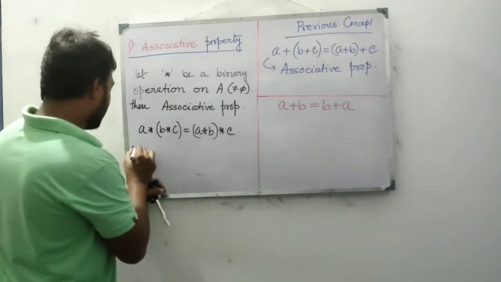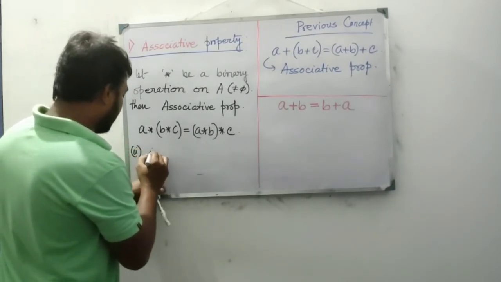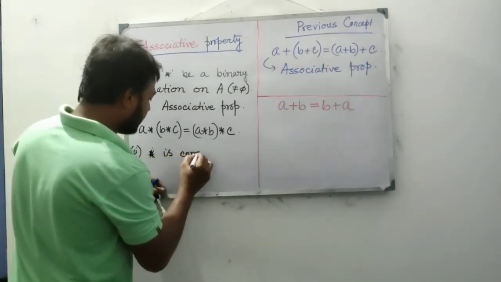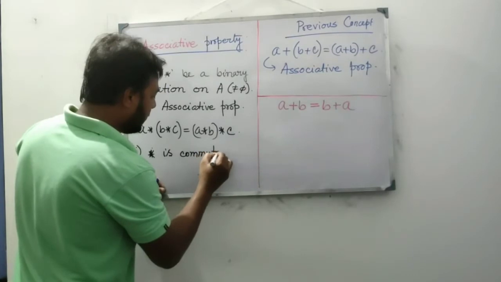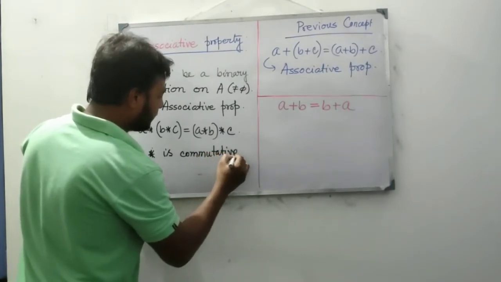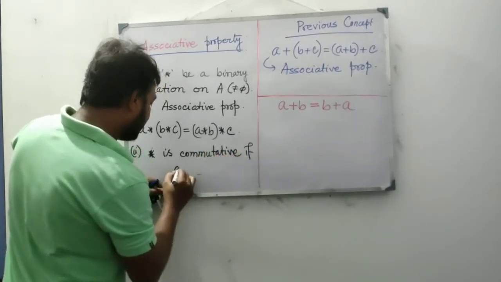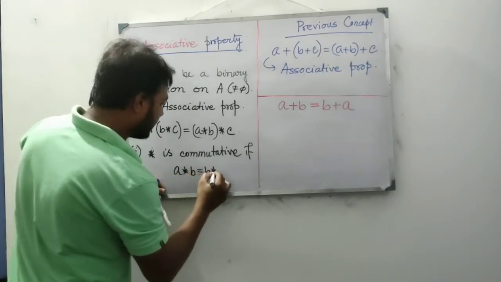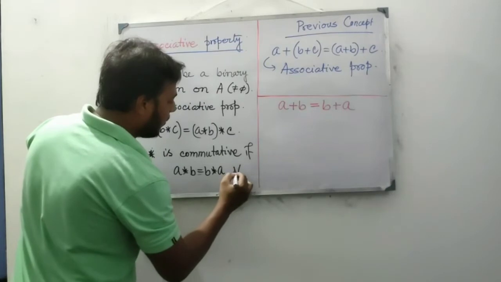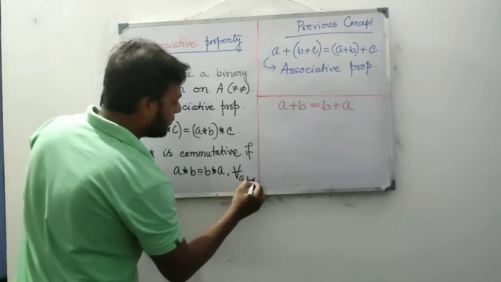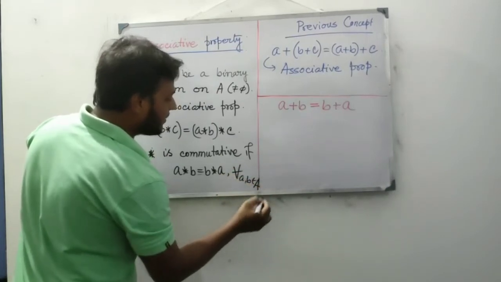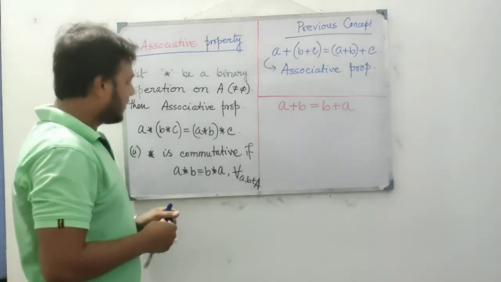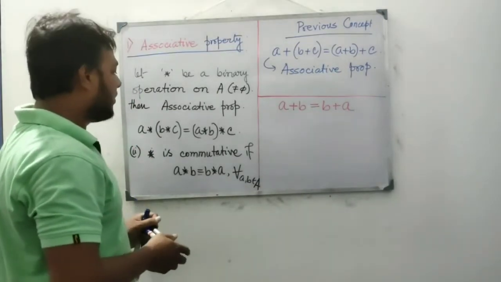Second, star is commutative if A star B equals B star A for all A, B belonging to the set. This is the symbol of for all. Understood? So this is the commutative property.